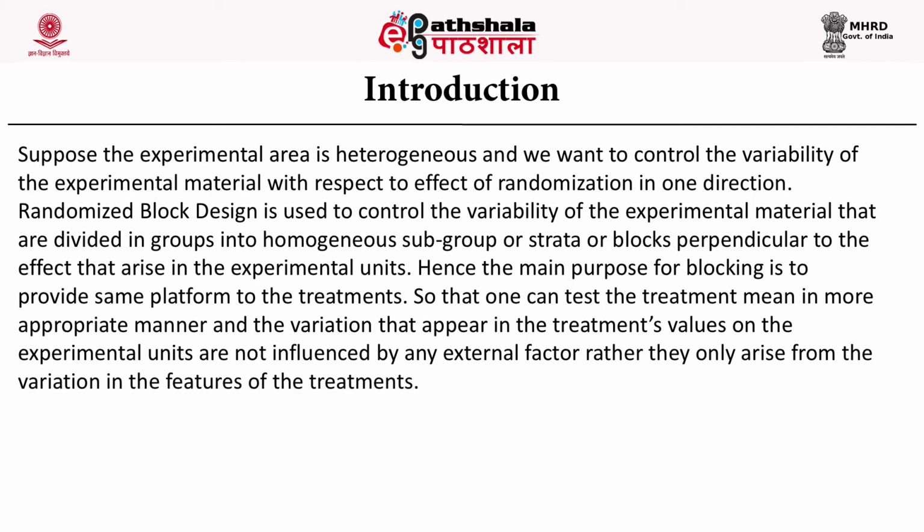Hence, the main purpose of blocking is to provide the same platform to the treatments so that one can test the treatment means in a more appropriate manner, and the variation that appears in the treatment values on the experimental units is not influenced by any external factor, but only arises from the variation in the features of the treatments.